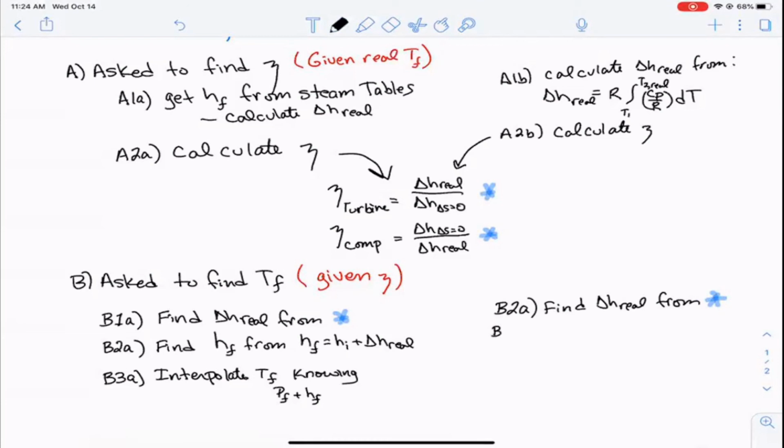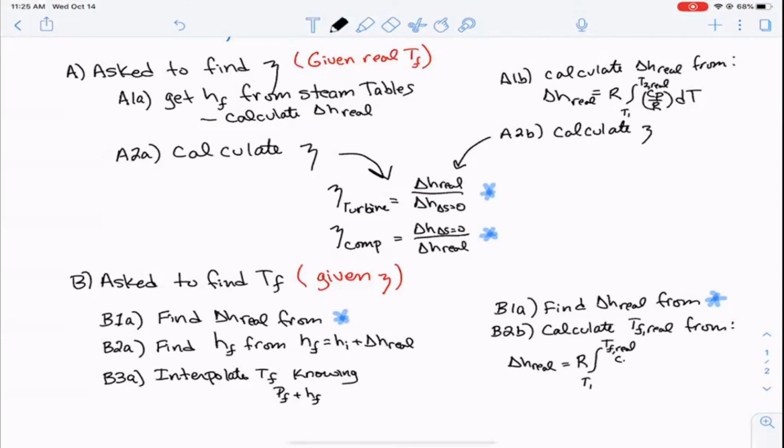So B2, sorry, I kind of messed up my numbering system here, is we can directly calculate the final temperature, the real final temperature, from the same integral that we used above, except now we actually know delta H real, and that's equal to R times the integral from T1 to the real final temperature of Cp over R dT.